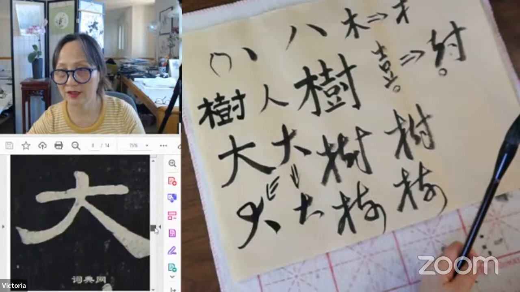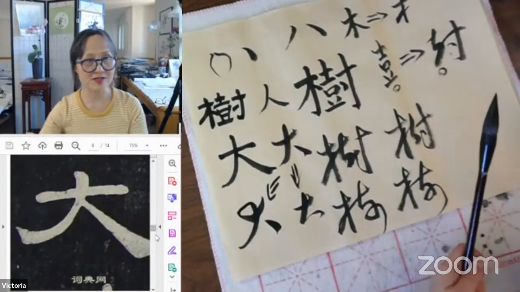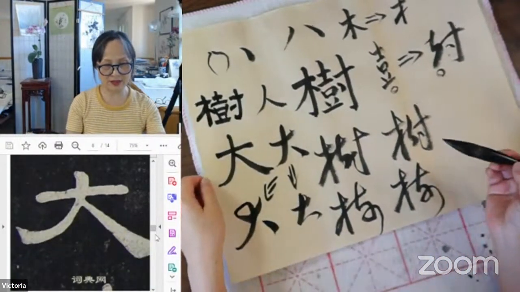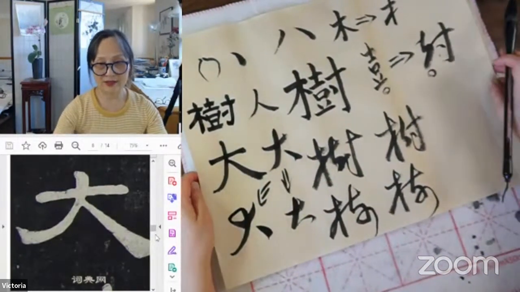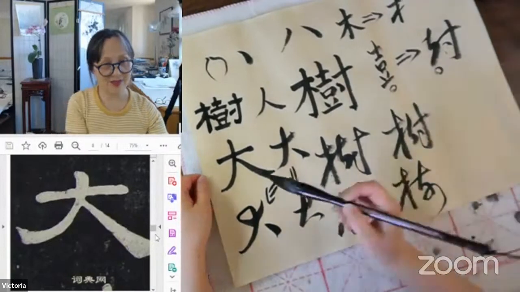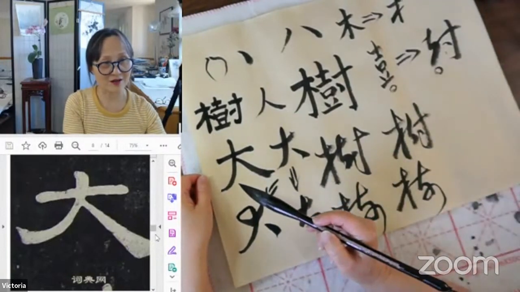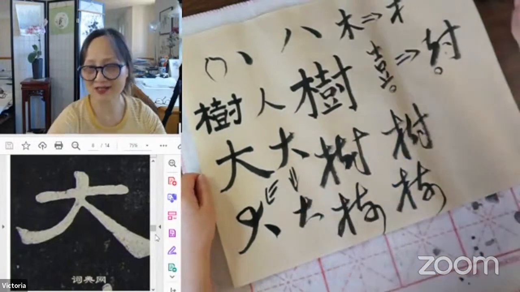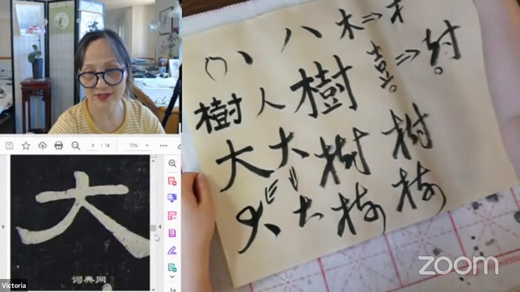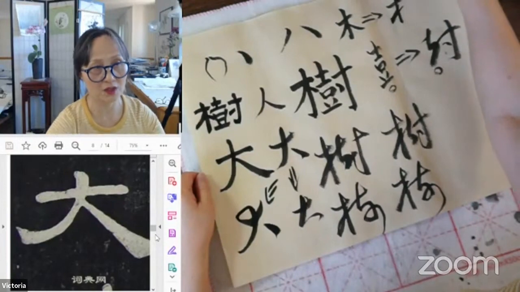Okay, in clerical style, it is almost the same as the standard style, right? But you can tell this standard one is on paper, more advanced on paper. That one is on a hard surface, metal or wood.